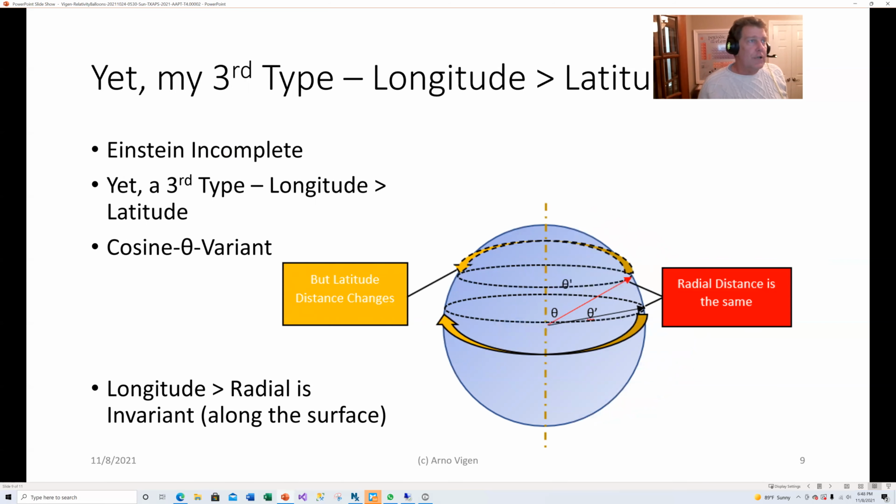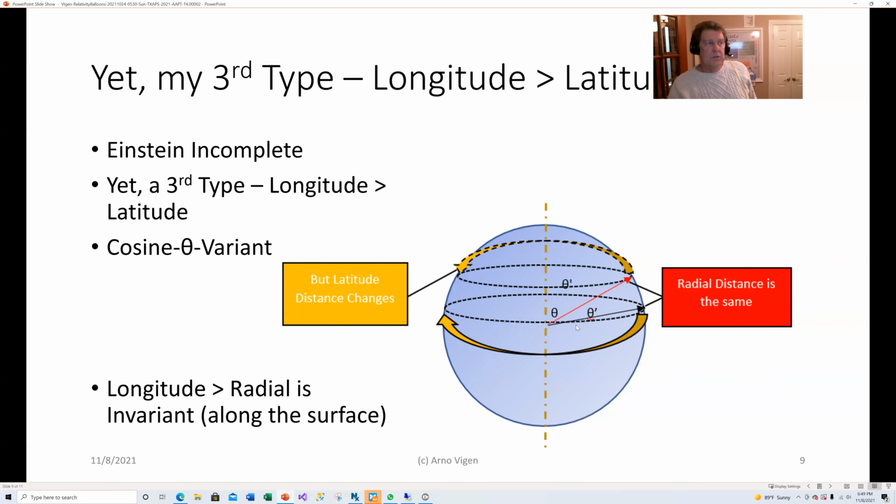There's a third dimension. And that is, if you change longitudes, it's a little different. Now, if you change the longitude, that's still on the surface. The radius does not change, okay? The radius here versus the red doesn't change. However, as you change, it changes by the angle.